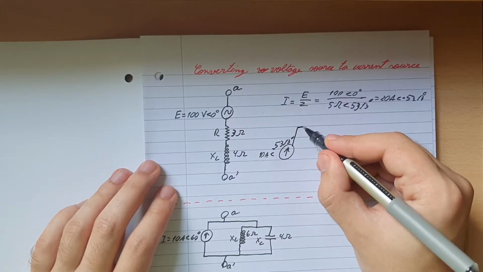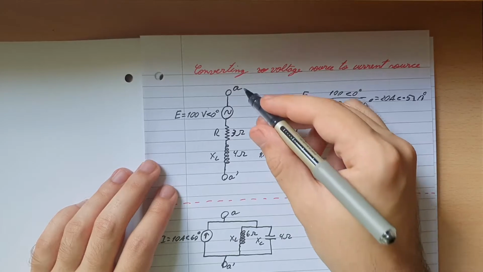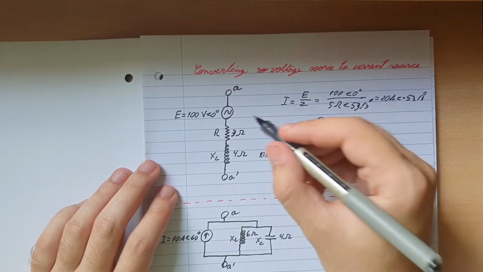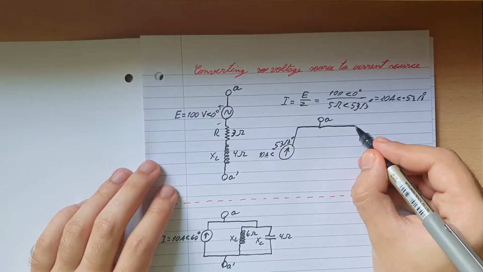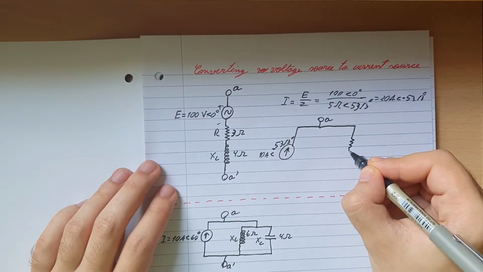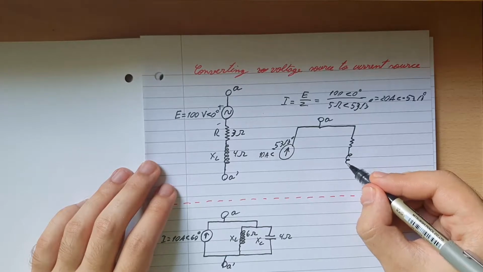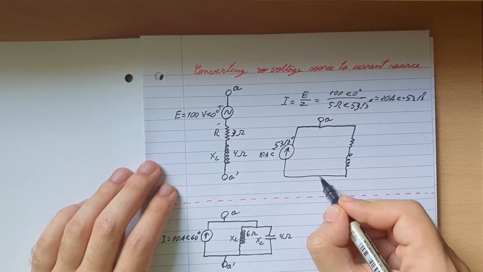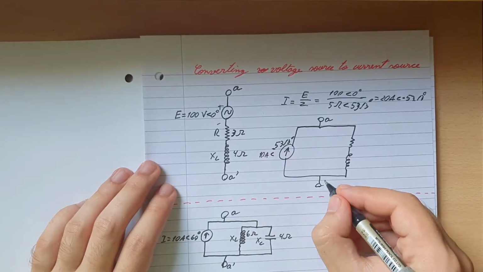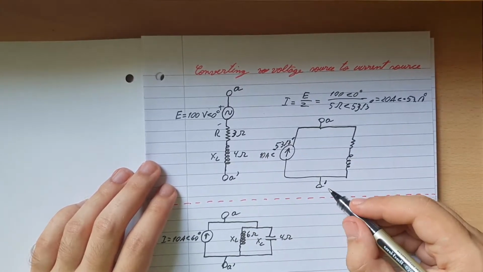Then you have the wire going through to point A, which is the top point, and then it goes under through the two components, the resistor and the inductor. And then it meets back again at point A prime on the top.